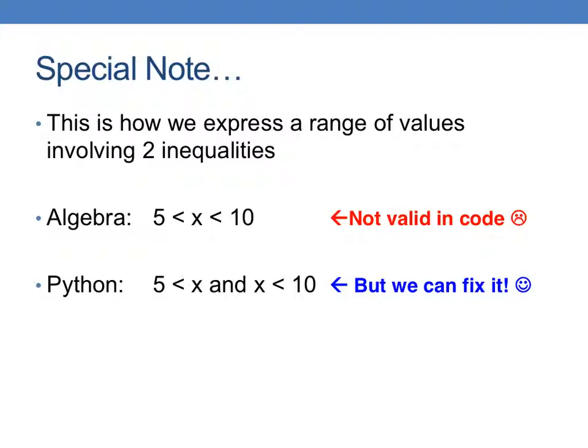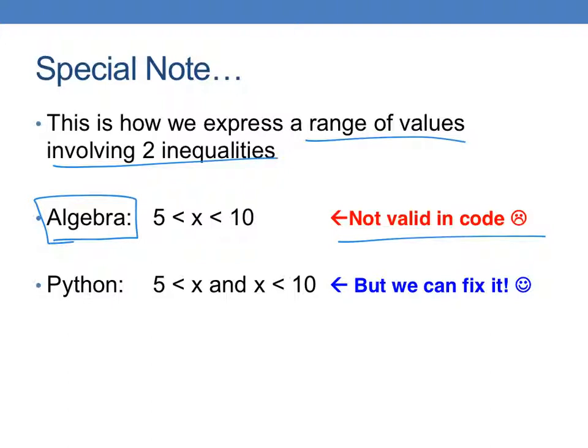And just as a side comment, because a lot of kids ask about this after we learn complex Boolean statements, the and is actually how we express a range of values involving two inequalities. This is a common algebra concept where you say 5 is less than x is less than 10. Unfortunately, that is not valid in code.